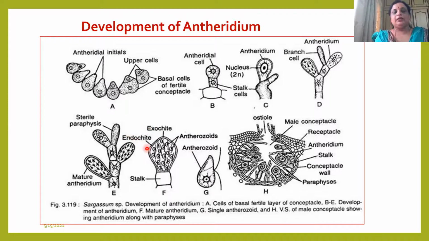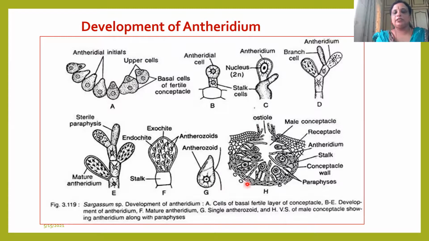The antherozoid is single celled and has a single haploid nucleus, and it has a pointed anterior region. This is anterior and this is posterior. It has lateral flagella. Two unequal flagella can be found, one of tinsel and the other of whiplash kind.